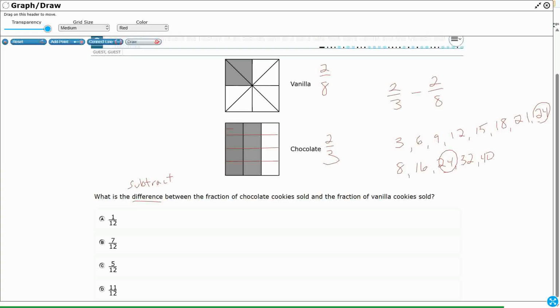And if I cut each fourth in half, I've got 24ths. So if I look at this, I've got 1, 2, 3, 4, 5, 6, 7, 8, 8, 16. So 16 out of 24ths. So this is what we're doing here. 2/3 equals 16/24ths.